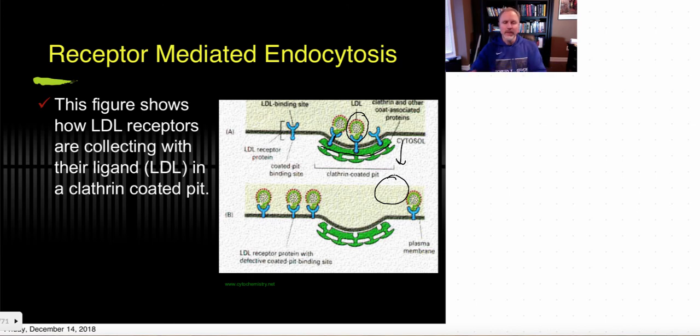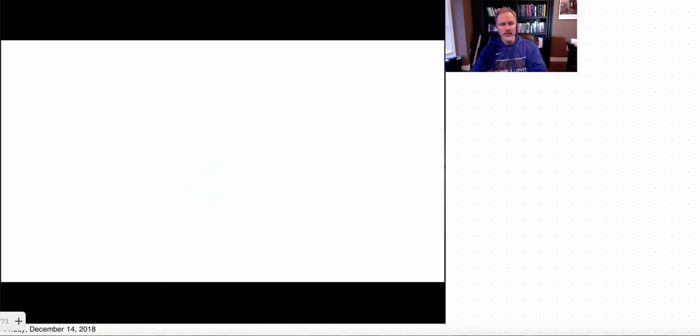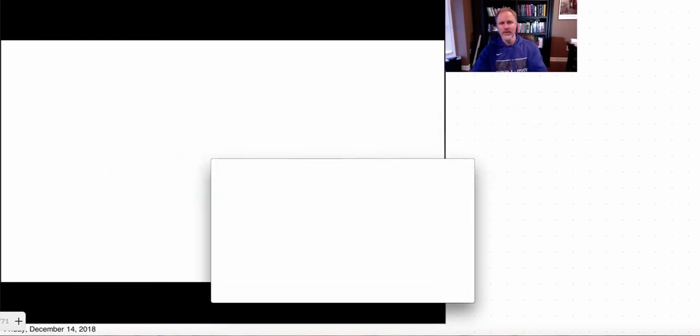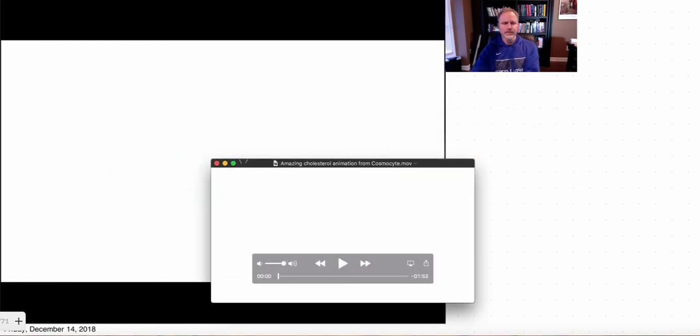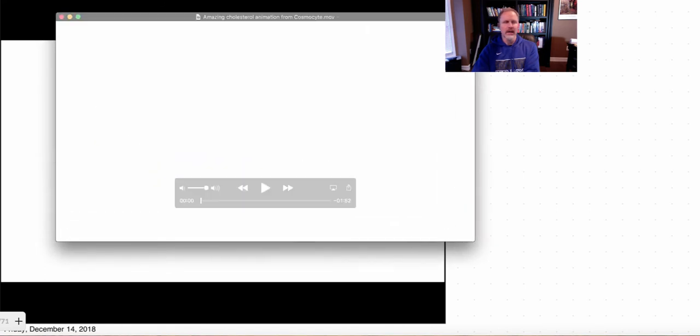In some of the people that have the mutations, you can't bind these receptors to that clathrin-coated pit, or you don't have any of the receptors at all, and that's what causes the cholesterol to remain in the bloodstream, and bad things happen. So let's look at this and see how hypercholesterolemia, as it's called, high cholesterol, affects your body.